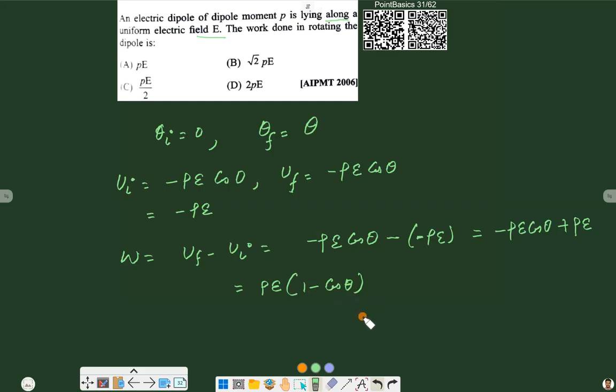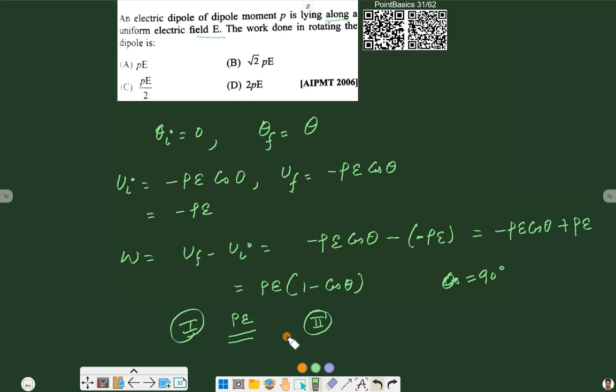Now it is not mentioned here how much angle we have to rotate it. Suppose we rotate it by 90 degrees, if theta is equal to 90 degrees, that will be our first case. In that scenario, cos theta will be 0 and the answer will be PE, because 1 minus 0 is 1. So PE into 1 will be PE.